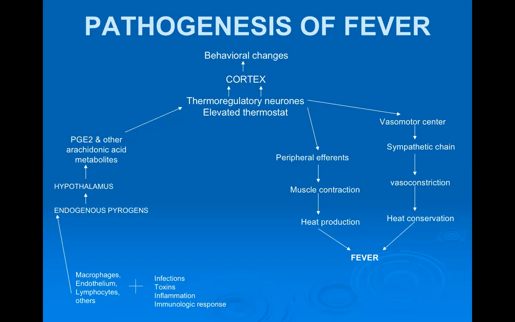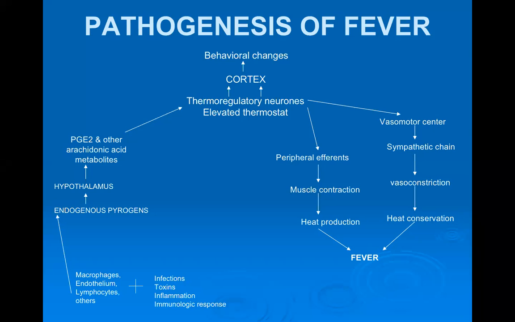The person will probably close the door and the windows. And if the person is feeling excessively hot, the person will open those things. The person will remove the clothes. This is known as behavioral change, because of the different mechanisms which are happening inside the hypothalamus.